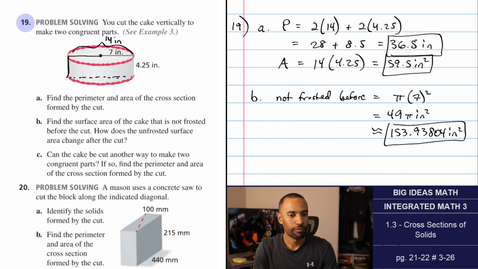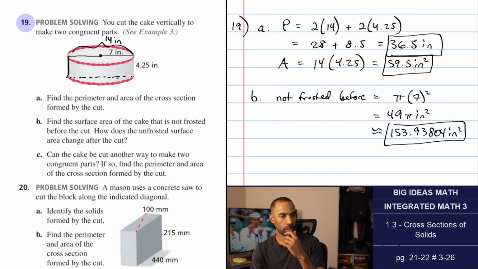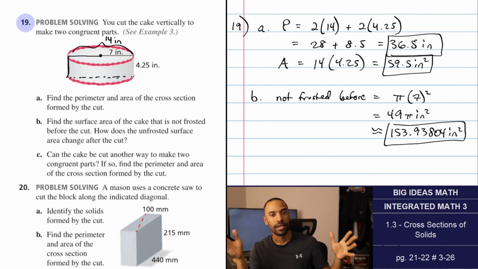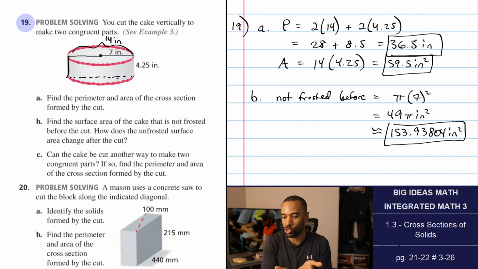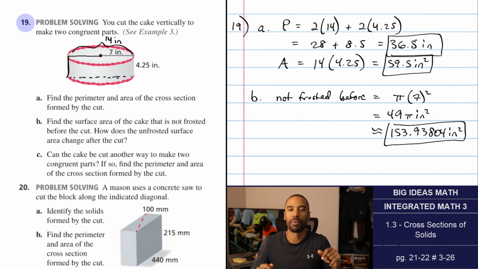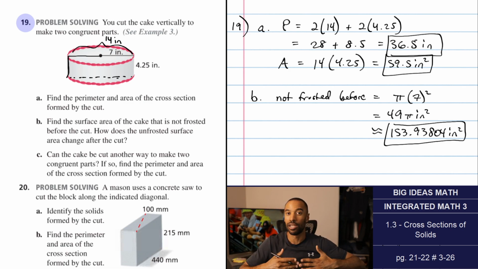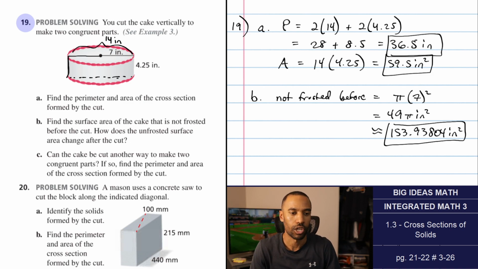How does the unfrosted surface area change after the cut? So if you cut and split it, now you still have that bottom area still completely unfrosted, all of it. Just because you separate it, it doesn't change that. But now you have two extra unfrosted surface area sections, the cross section of this rectangle on both facings of the cake, right?